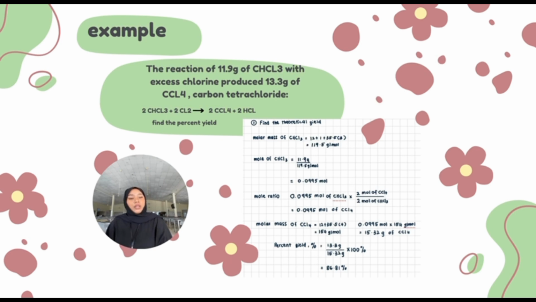After that, we need to find the molar mass of CCl4 and then the mole of CCl4 times the molar mass, and we got the mass of CCl4. And after that, we use the reaction yield formula, which is actual yield divided by theoretical yield and then times 100%, and we got the answer, which is 86.81%, which is the percent yield.